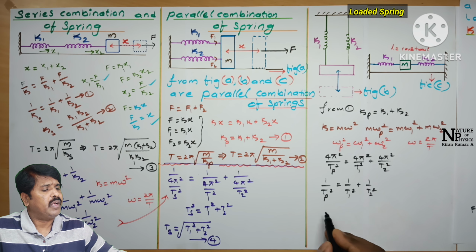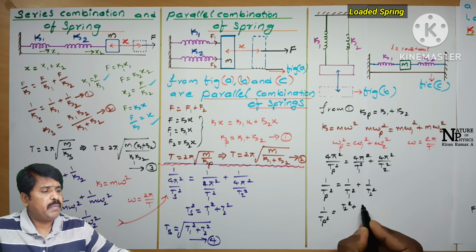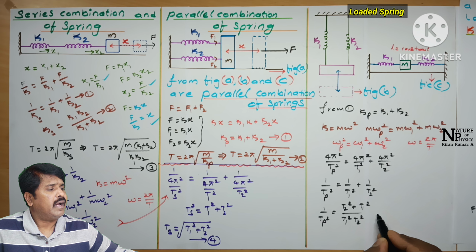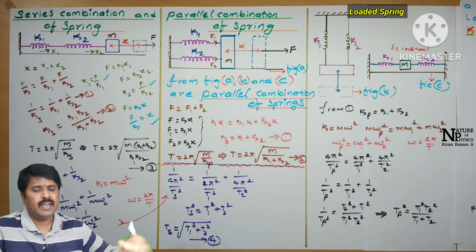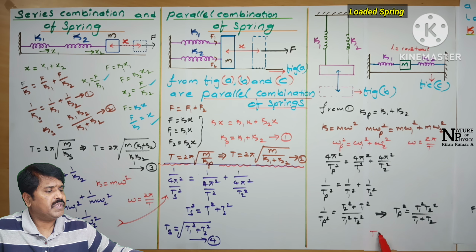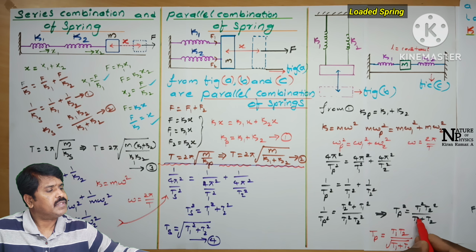Okay, take LCM, so that 1 by tp square is equal to t2 square plus t1 square divided by t1 square into t2 square, and continuation step here, that is tp square is equal to t1 square into t2 square divided by t1 square plus t2 square. So final equation is tp is equal to t1 into t2 divided by root over t1 square plus t2 square is there.